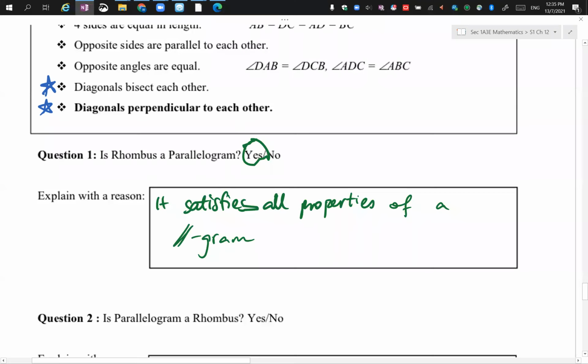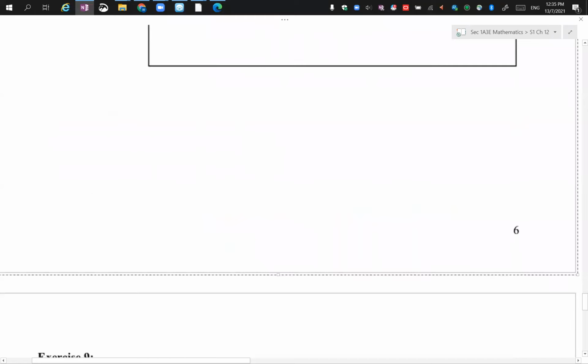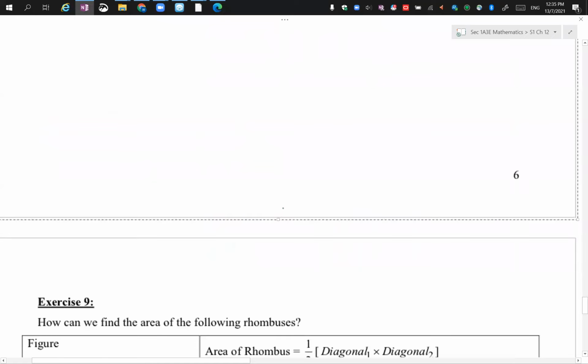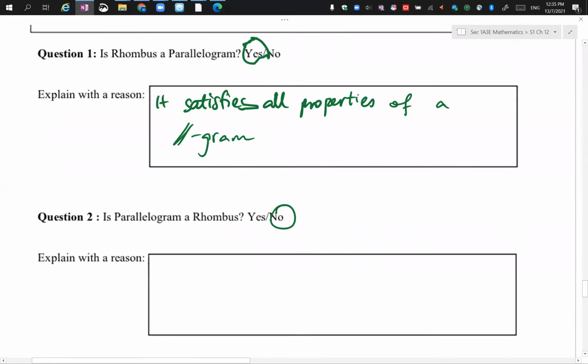Is a parallelogram a rhombus? So this will be no. Actually, not necessarily. Most parallelograms are not rhombuses, unless the sides have the same length. So I explain the reason.